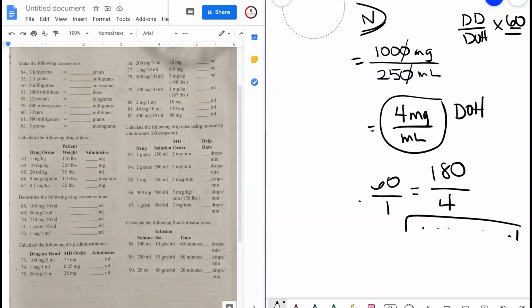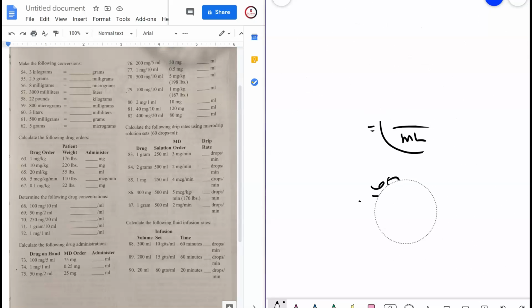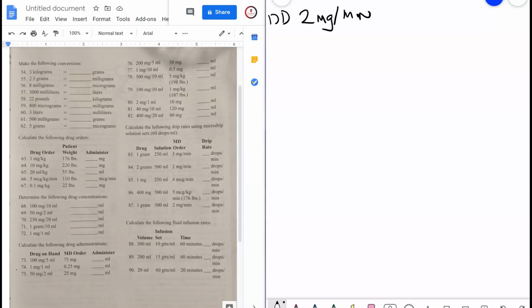Okay, next question. Again, here a desired dose is, mark it for you, 2 milligrams per minute. You have 2 grams in a 500 milliliter bag.